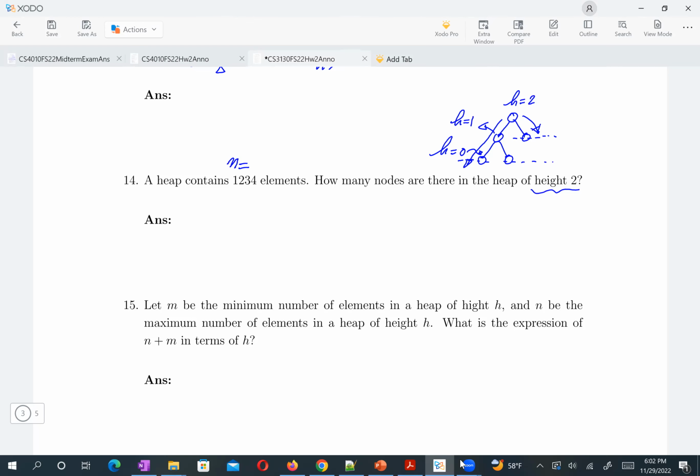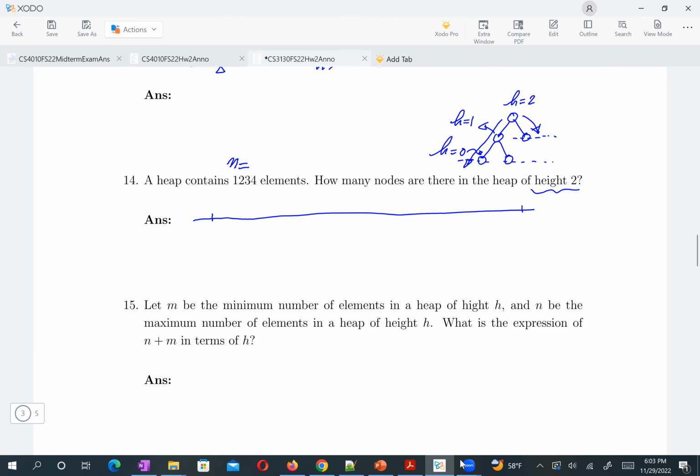And here I'd like to draw a diagram to explain the property explicitly, so that when you answer the question, you can use this property. Suppose this is an array corresponding to a heap.